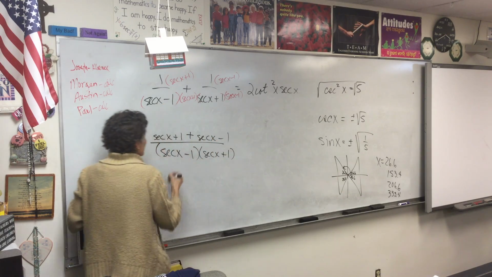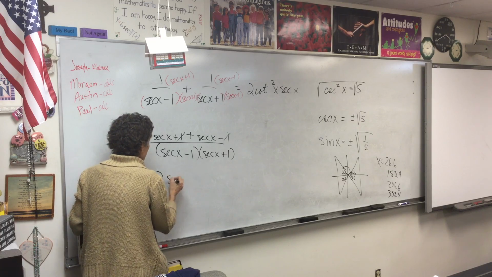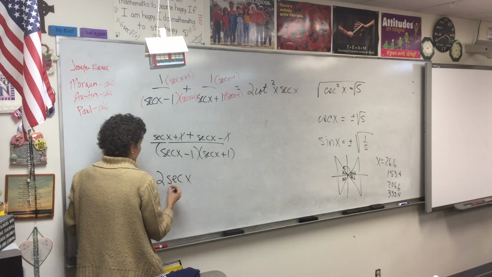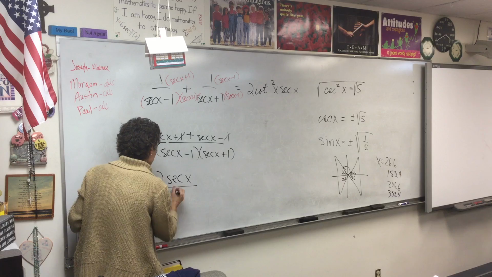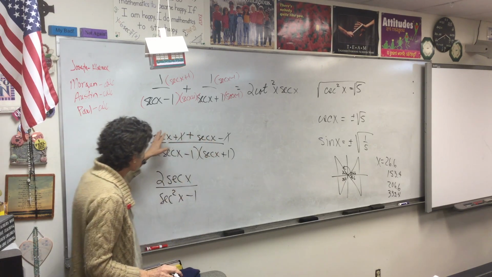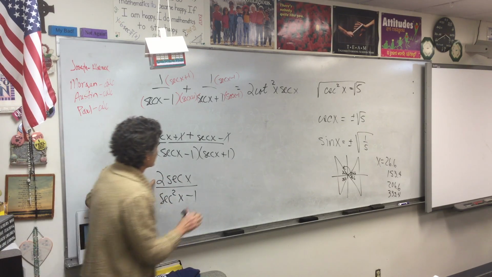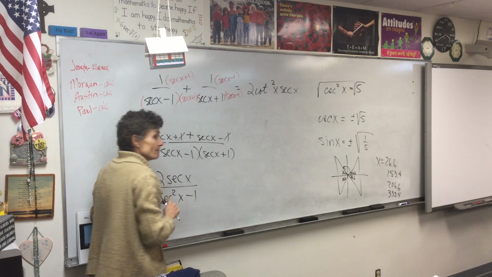Yep, you're ahead of me. The ones are going to cancel. So I have 2 secants over secant squared minus 1 if I collect like terms on the top and FOIL out the bottom. Now it's good to see a 2 because we need that, right?